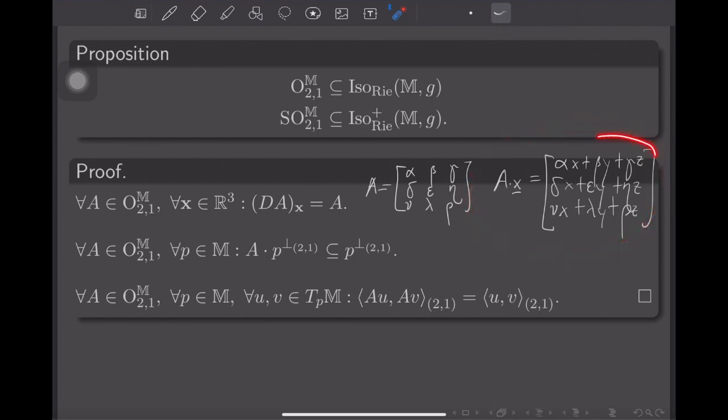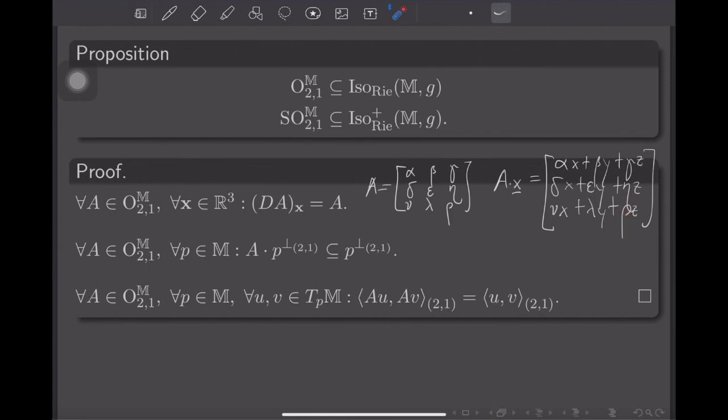Okay, and now what's the derivative? Well, you take the derivative of this with respect to X, it is just alpha. Derivative of this with respect to X is just delta. Derivative of this with respect to X is just nu. Derivative of this with respect to Y is just beta, epsilon, lambda. Derivative of this with respect to Z is just gamma, eta, rho.